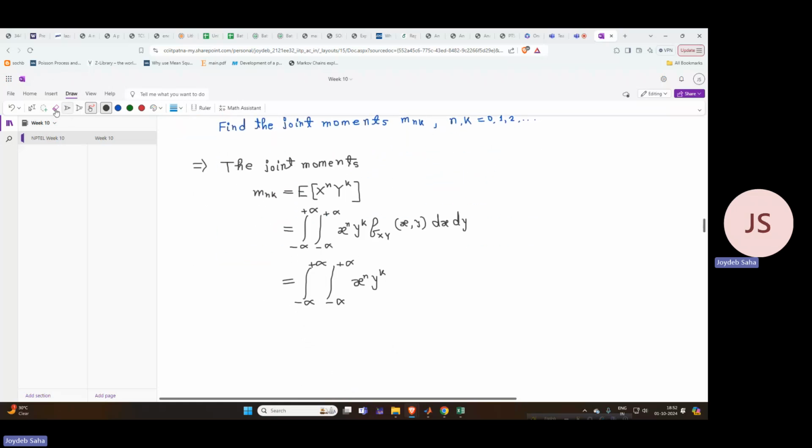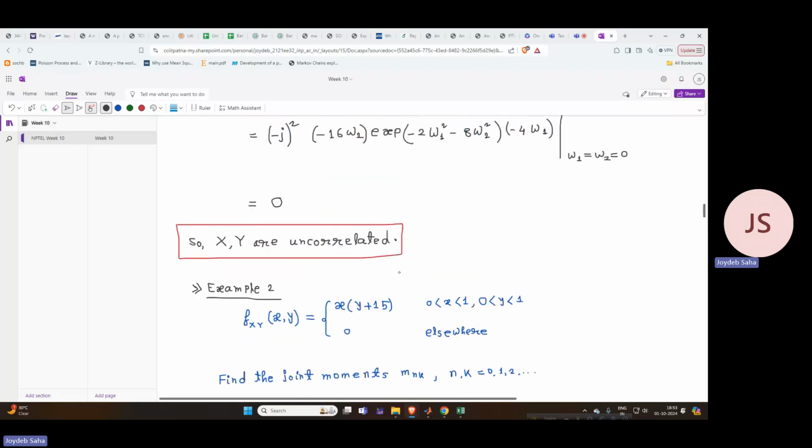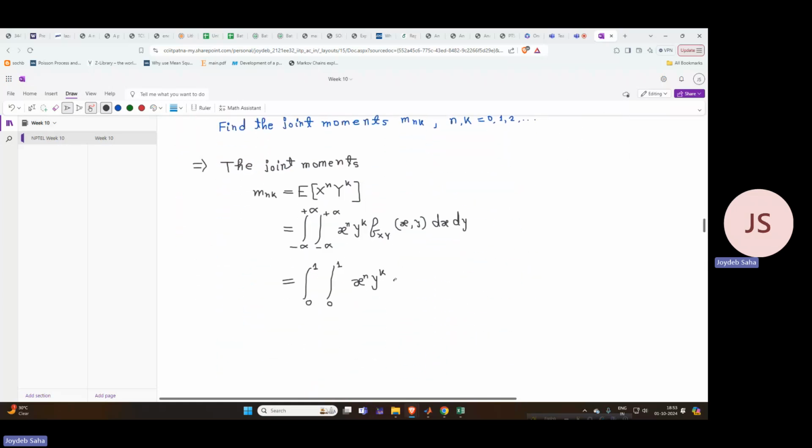So we can change the limit now: 0 to 1, and it is x into y plus 15, dx dy.